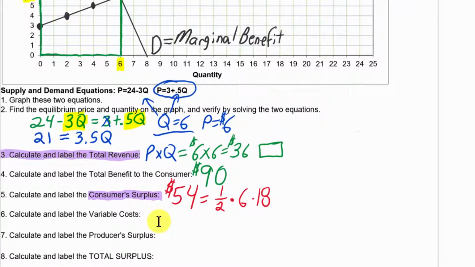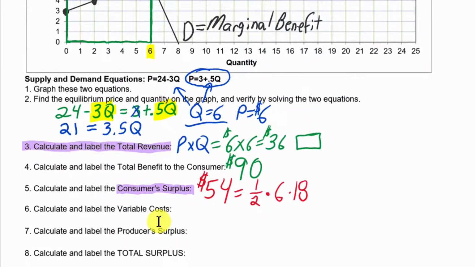All right, the next question asks us to find the variable costs for this business. So we want to know how much they are spending in labor and materials costs to produce the 6 boxes of cookies.